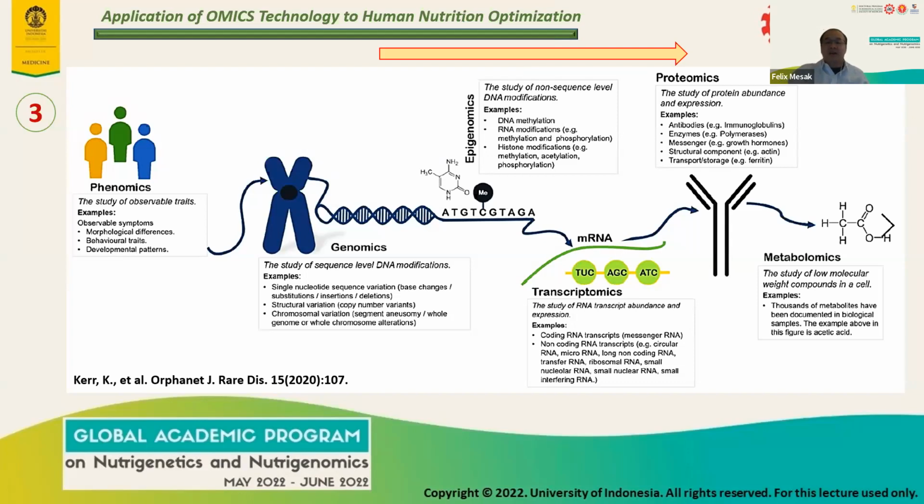And of course, there is what we call epigenomics, the study of non-sequence level DNA modifications. Examples are DNA methylation here. RNA modifications such as methylation or phosphorylation, histone modifications such as methylations, acylation, phosphorylation.